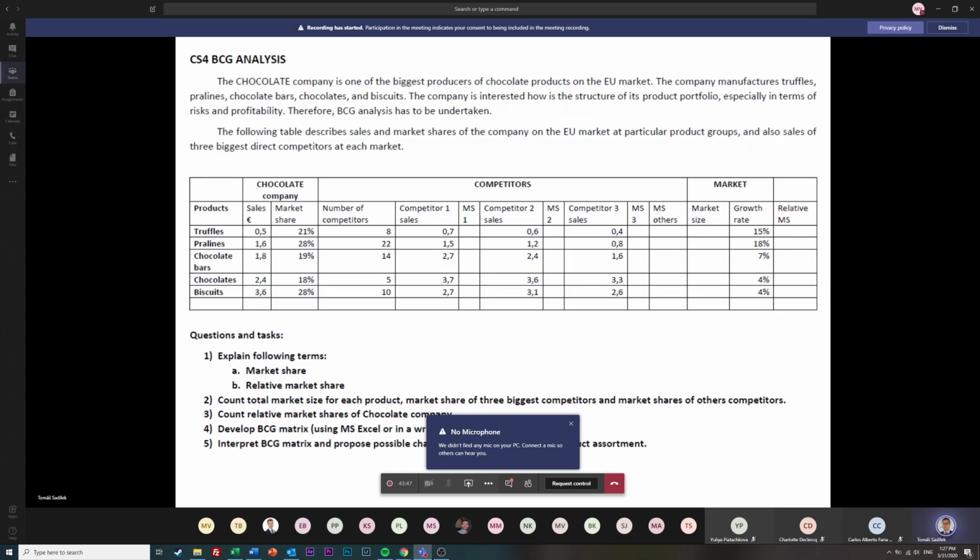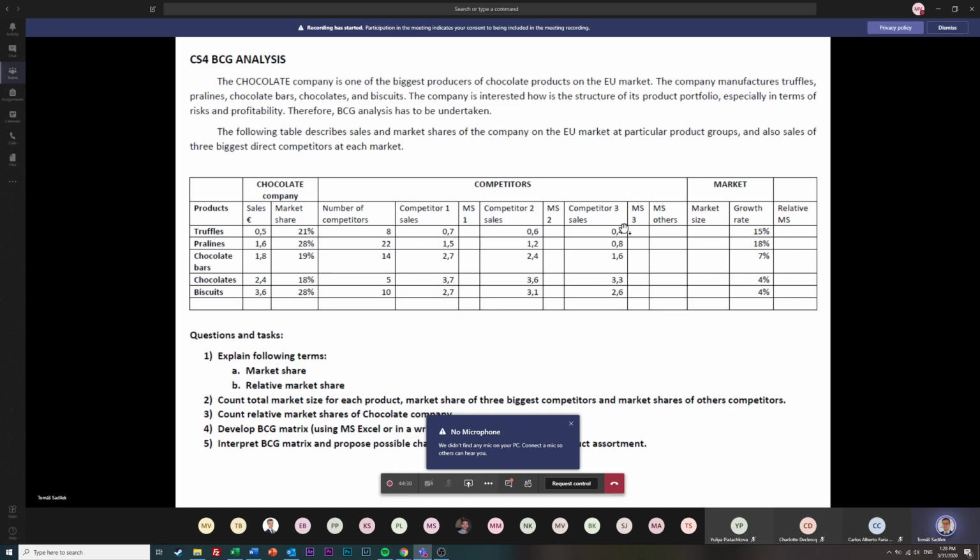We also have information about the competitors. What do we know about the competitors? We know how many other competitors are on the market, and what the sales of the biggest competitor are, for instance, 0.7 million.